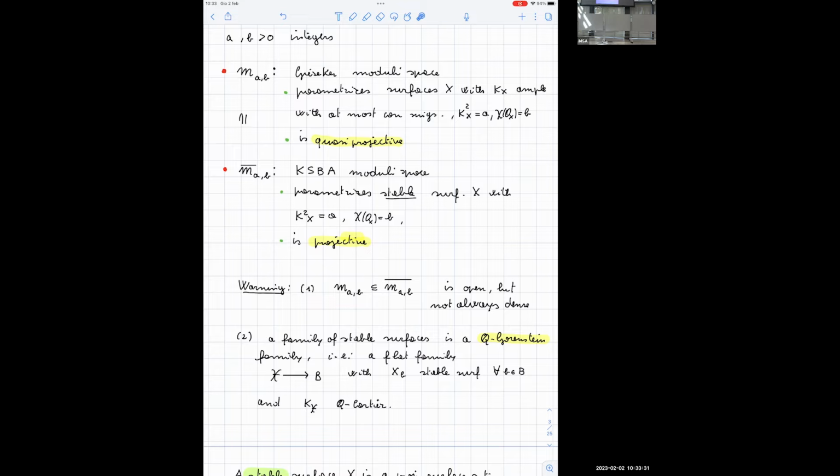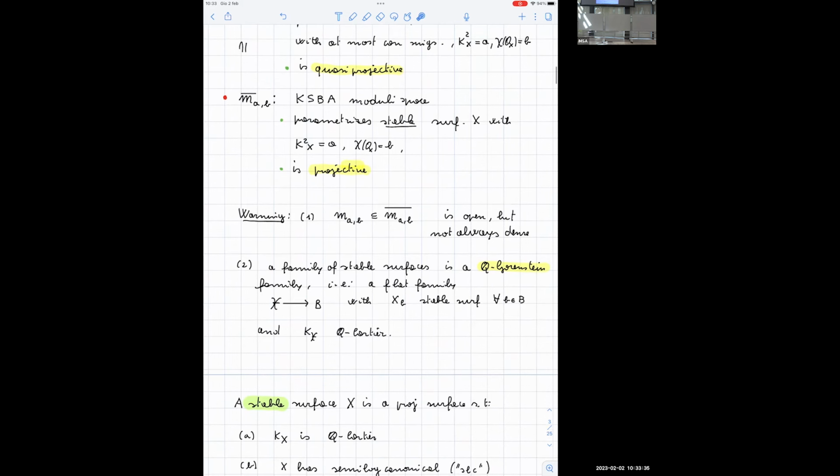And yes, two cautions if you are used to moduli of curves. We talk about compactification, but the Gieseker moduli space is open inside the KSBA moduli space, but it may not be dense. Actually, most of the time it isn't dense.